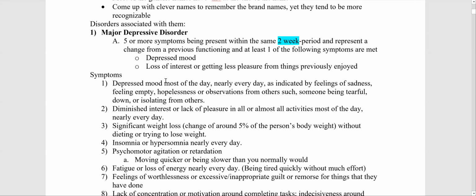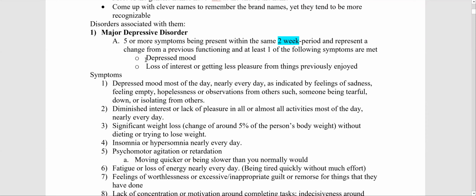Major depressive disorder is 2 weeks or longer, and persistent is going to be 2 years or longer. So since there's 2 disorders, 2 is the length of time that it takes to diagnose it.